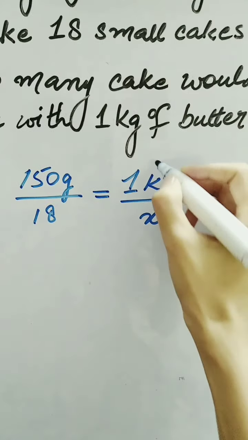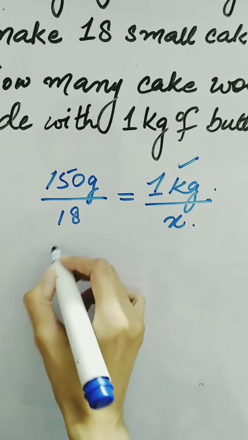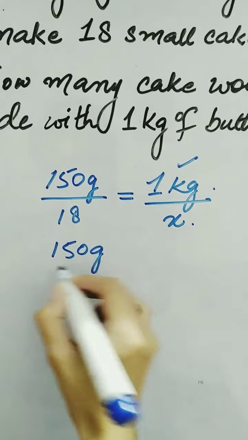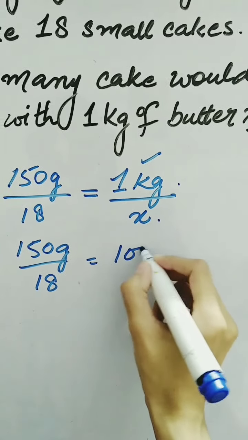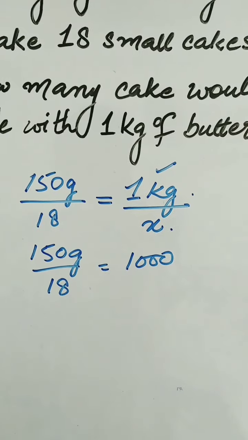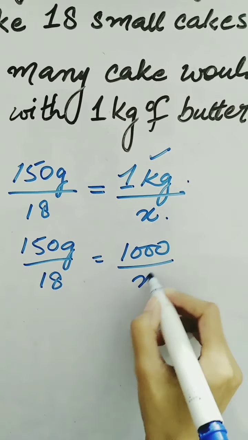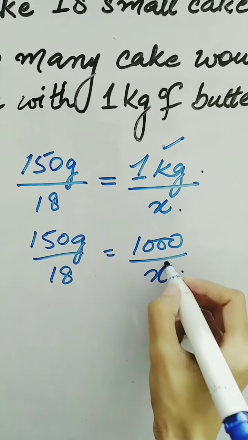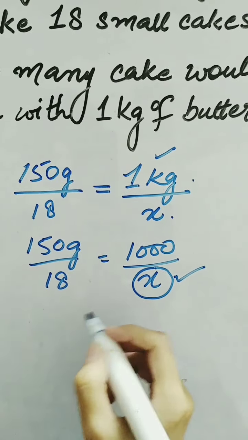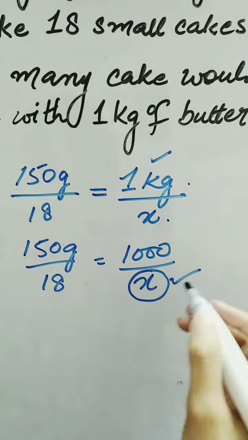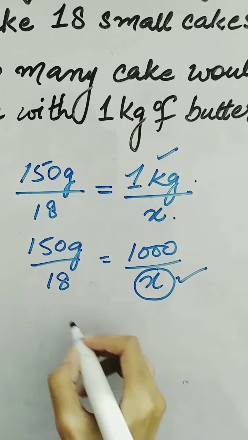First of all, we will change this 1 kg into grams in order to get similar units. It is equivalent to 1000 grams divided by x. Now we simply move the unknown quantity to one side and the rest of the quantities to the other side.